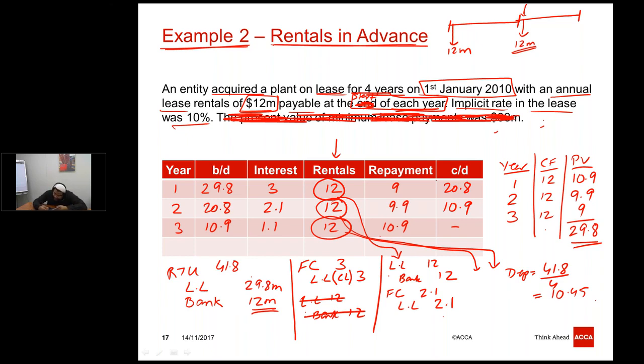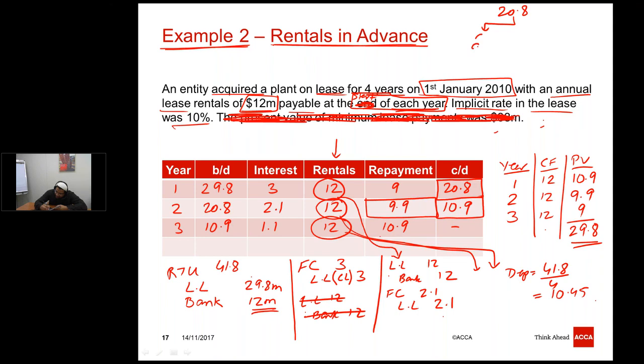So what is the liability at the end? The liability is 20.8, same as in the last case, out of which 10.9 is non-current and 9.9 is current. So if I write out of 20.8, current liability is 9.9 plus 3.